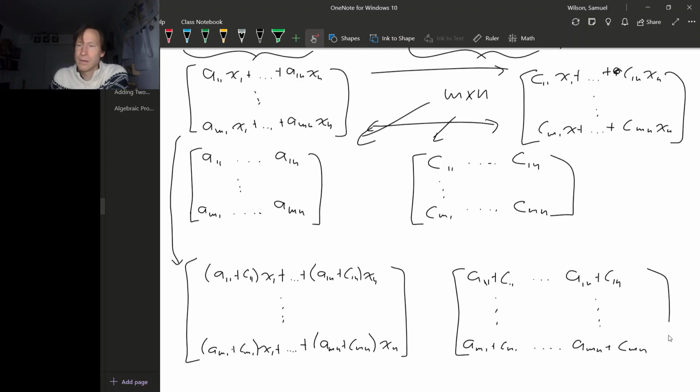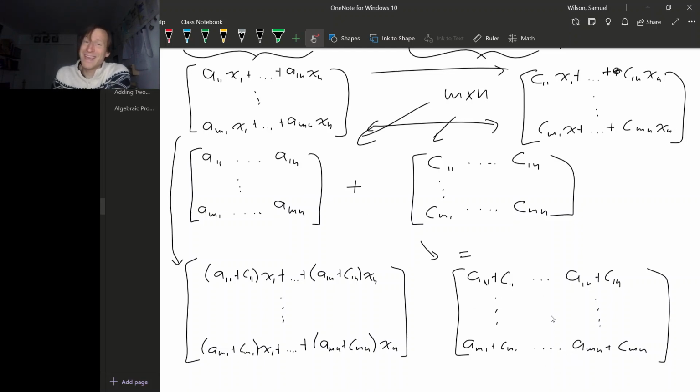So when we add two matrices, what we get is another matrix of the same size, and we just add each entry. We just add the entries term by term. Right? So add corresponding entries to get your sum matrix.